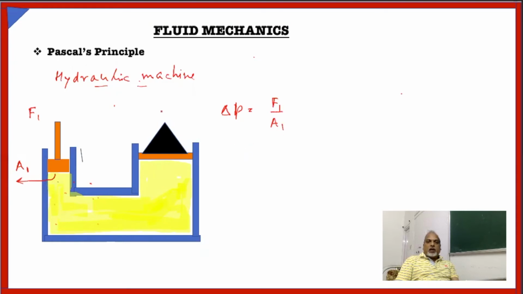And here, suppose this force is downward, then naturally for balancing, this is upward, and this area is A2, then this must be equal to F2 upon A2.